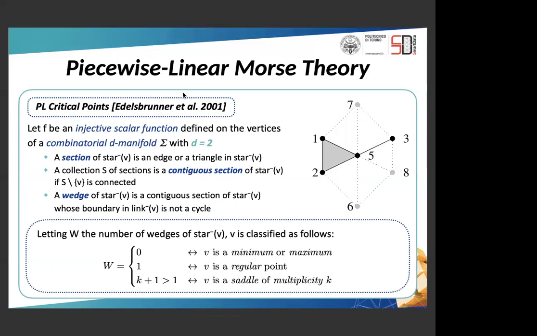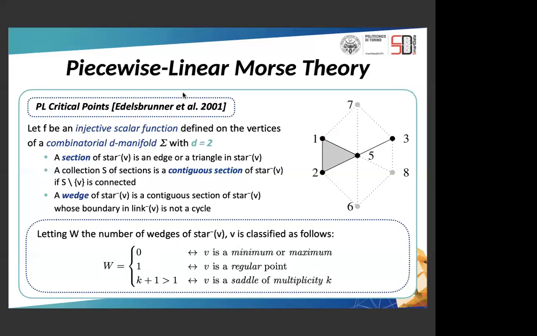Another definition, again for the case D equal 2, has been given by Brunner in 2001. In this case the criticality of a vertex is characterized in terms of the number of wedges of its lower star, where wedges are nothing but a sort of slices in which the lower star of the vertex is decomposed.